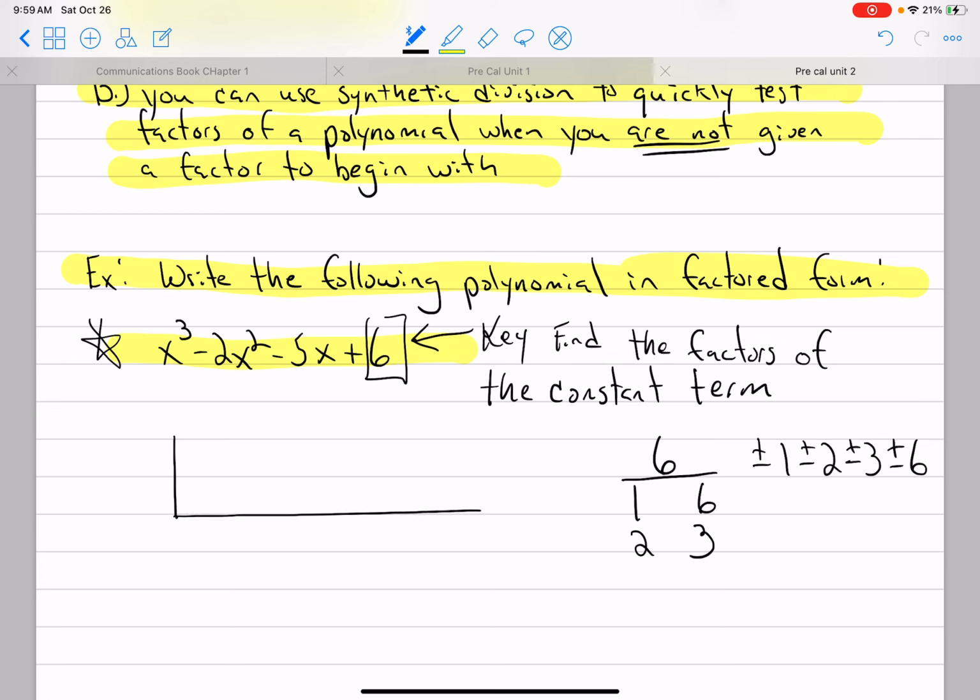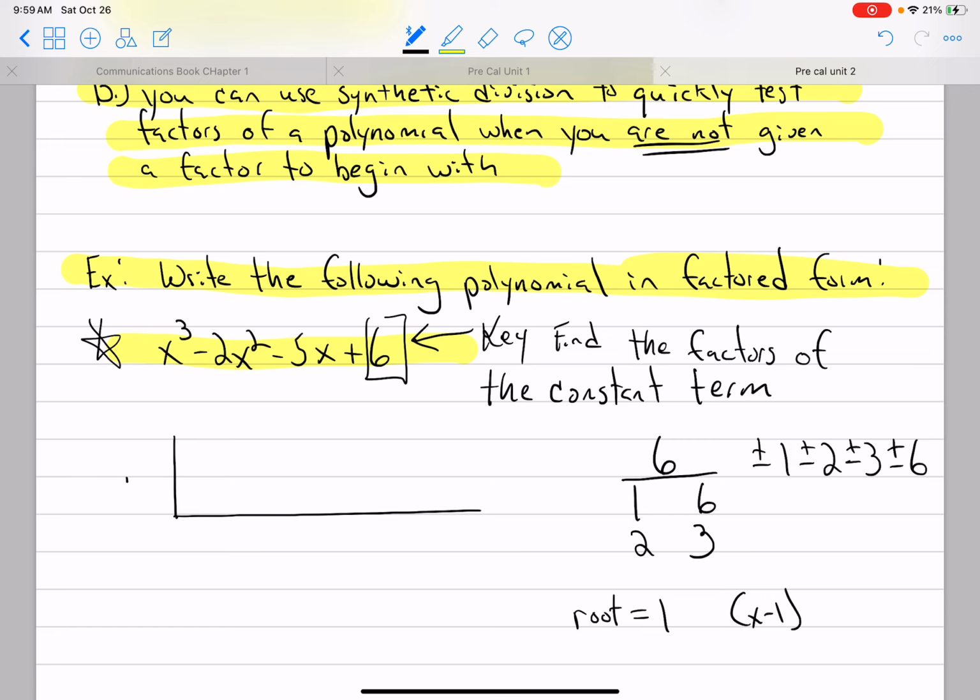So check this out. First I'm going to see, okay, can I divide this by, if I say that the root is, let's say, positive 1. That means my factor would be x minus 1, right? So I'm testing to see if this factor x minus 1 works, if I get a root of 1.